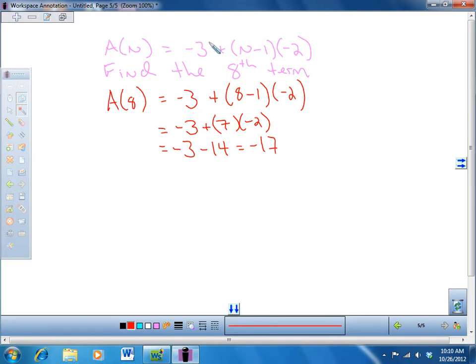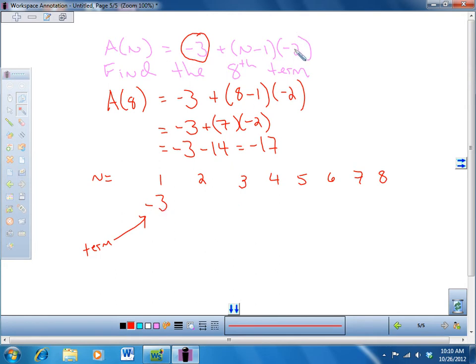Now if I want to list all my terms, if I wanted to count, it would take me a lot longer, but I could find the first 8 terms. The first term is right here, guys. So if I want to list this sequence, here is the term, and here is n equals, that's the term number. So if I had 1, 2, 3, 4, 5, 6, 7, 8, if I want to do this the long way, the first number is -3.